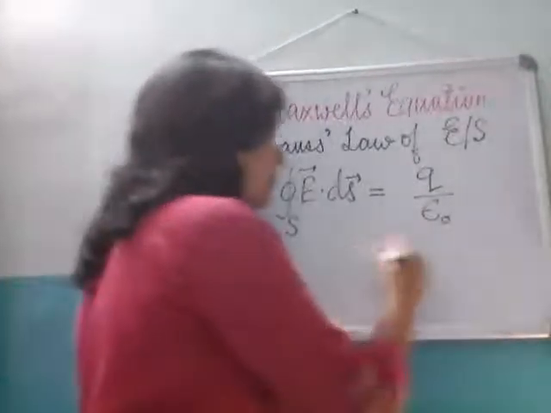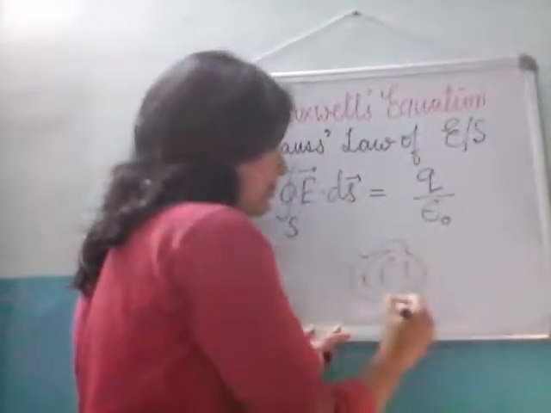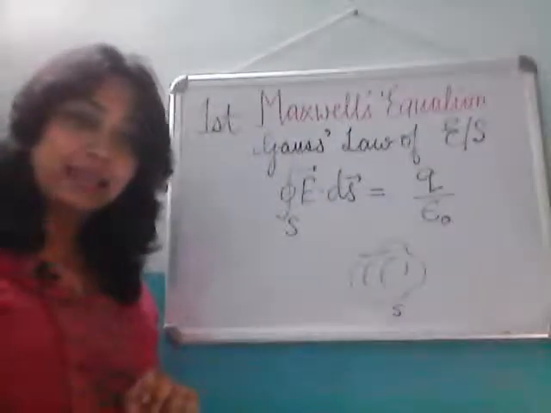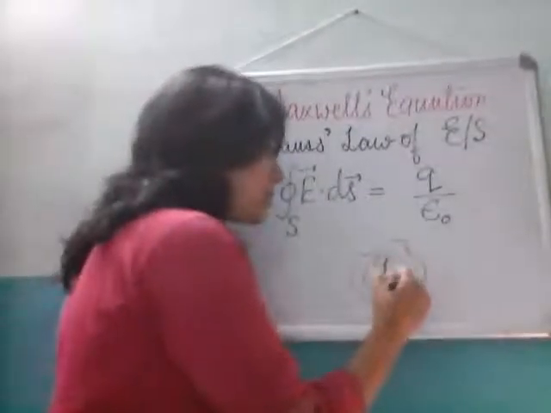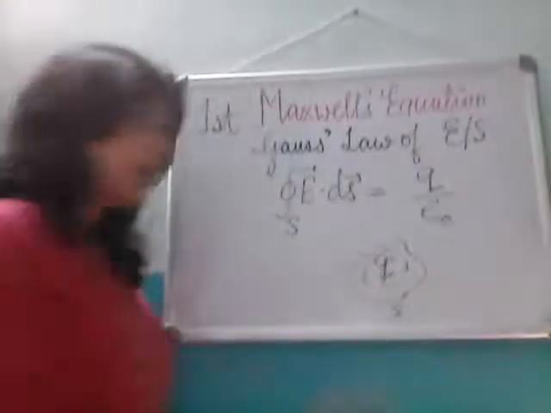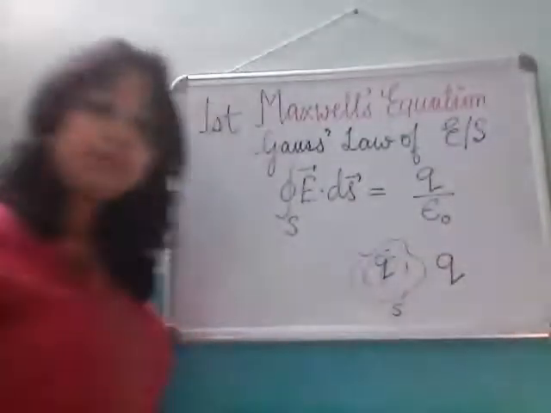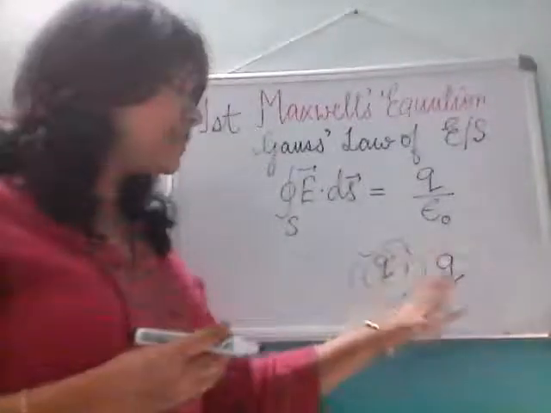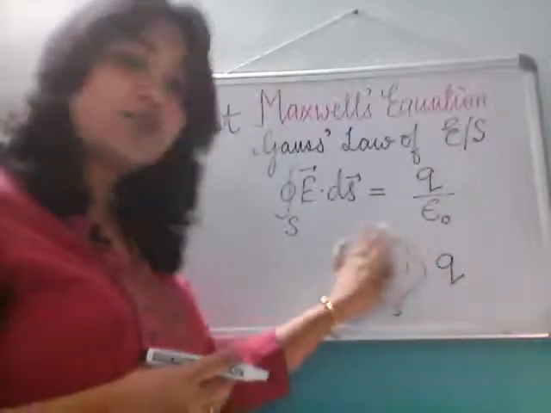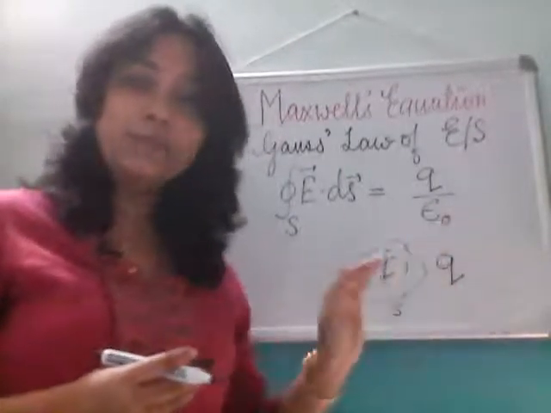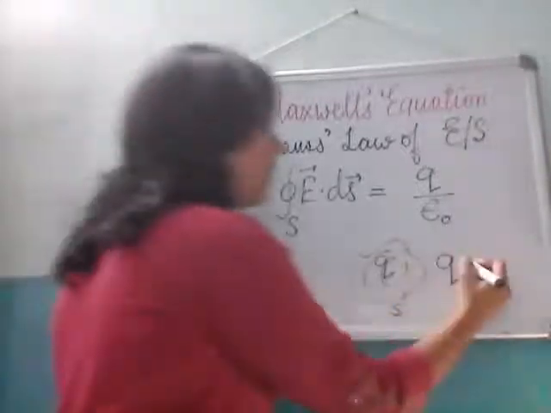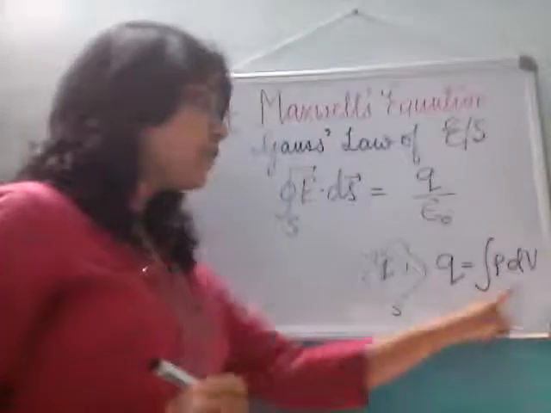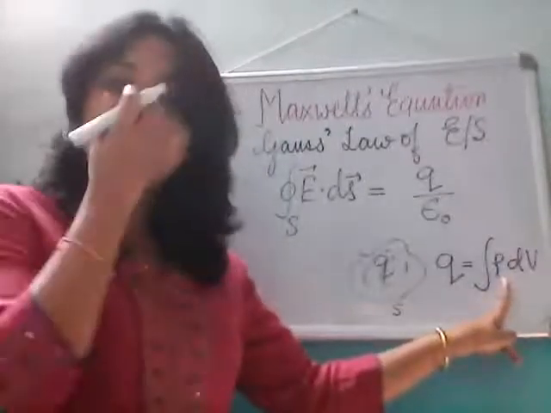Suppose I have a closed 3D surface, which is known as S. And inside this closed surface S, the amount of charge which is contained is Q. Now, what we can do over here is consider that this charge Q is uniformly distributed over the volume, and we can write this total charge as an integration over the volume of a quantity called rho.